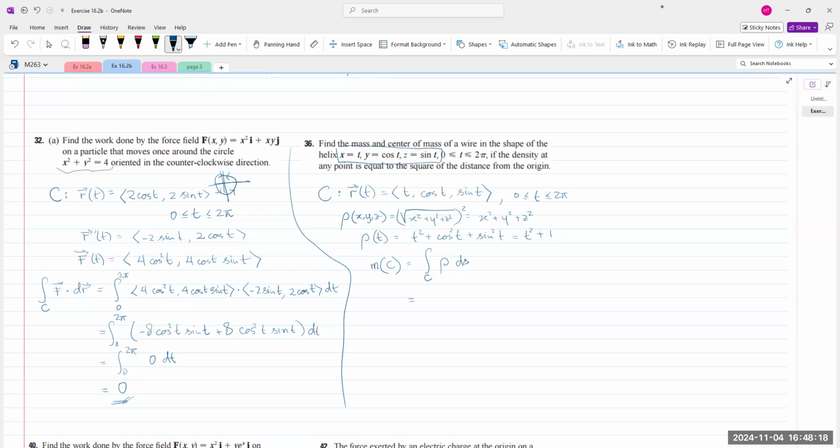So this will be the integral from 0 to 2 pi, where rho in terms of t is t squared plus 1. I need to find r prime t and find the magnitude to find the ds later on. That's 1, negative sine t, cosine t. The magnitude will be equal to the square root of 2. I hope you can see why it's the square root of 2.